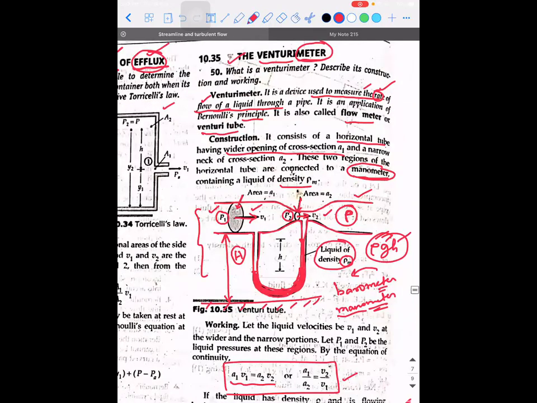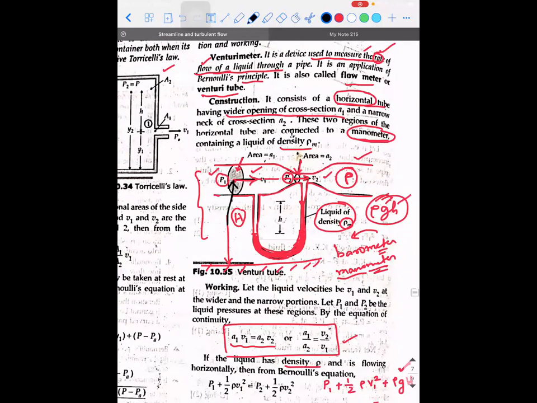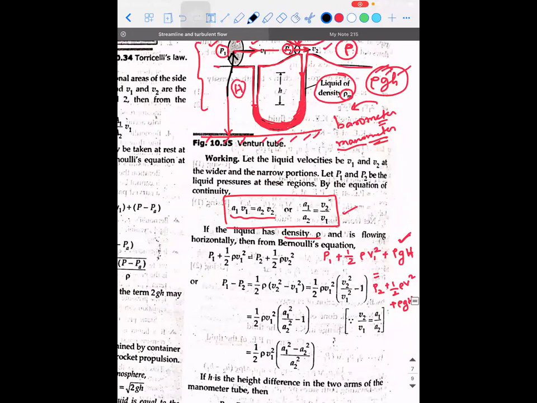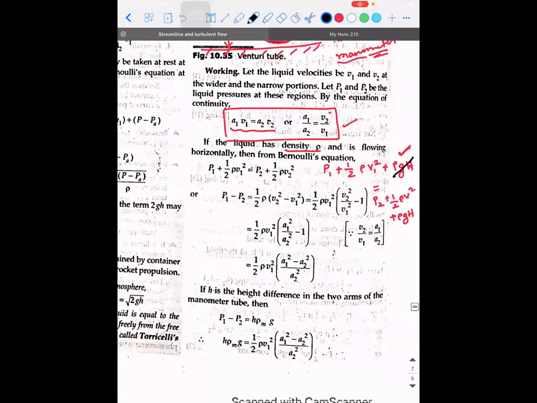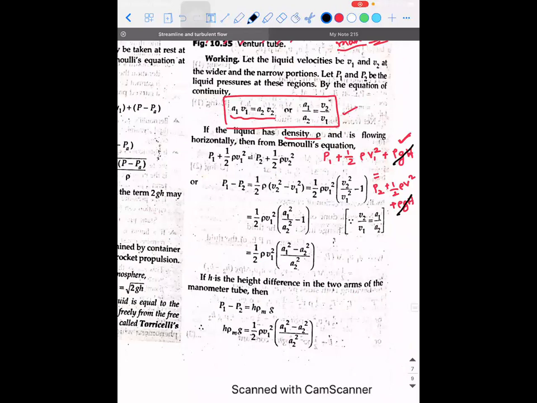It is a horizontal tube, such that the height to the center of mass is the same at both points, because the centers of mass are lying along the same line. Are you able to visualize this? Yes, clear sir. Is that okay? That is why rho gH gets cancelled. So what they have written is P1 plus half rho V1 square is equal to P2 plus half rho V2 square.